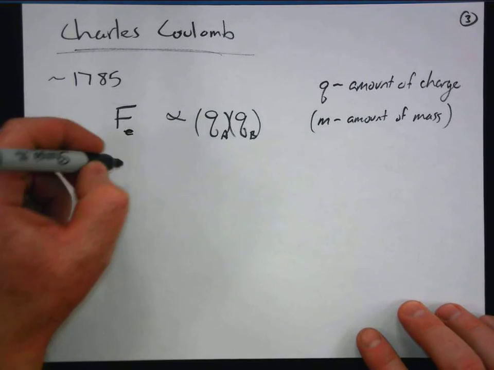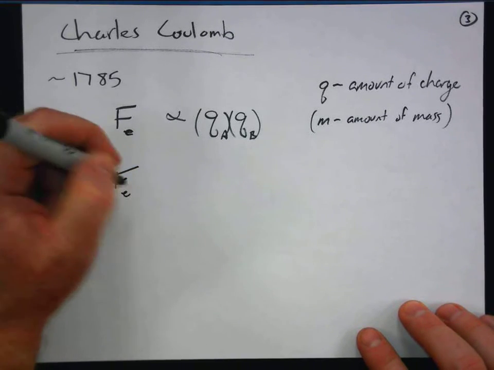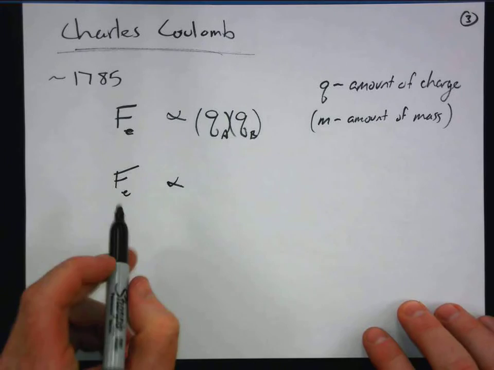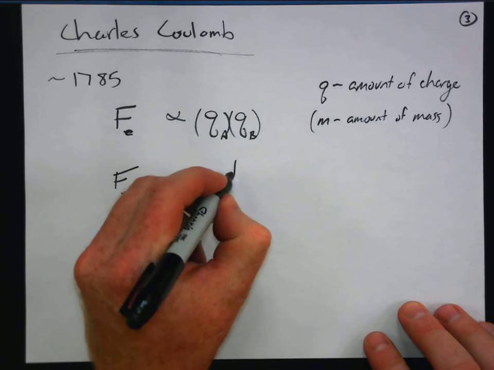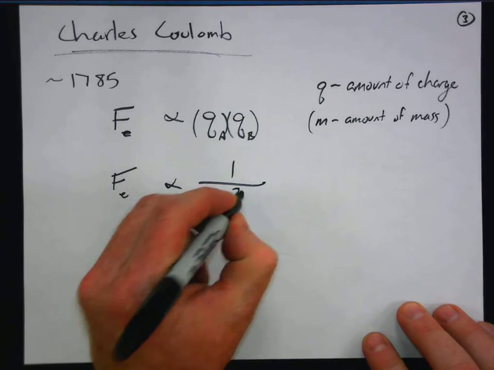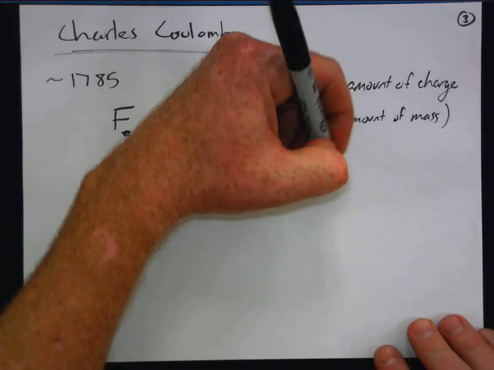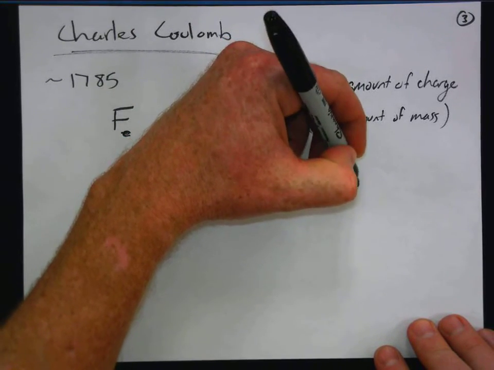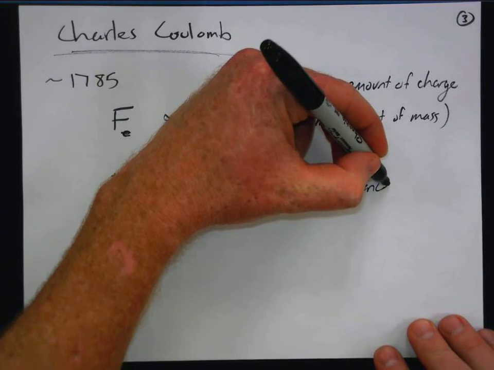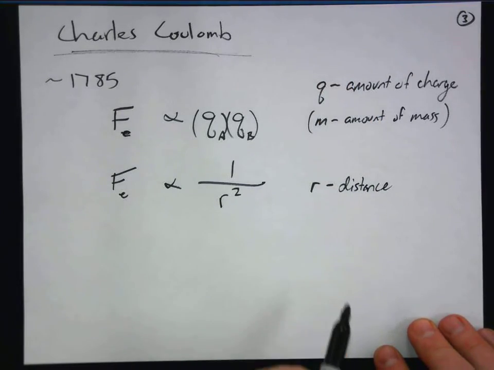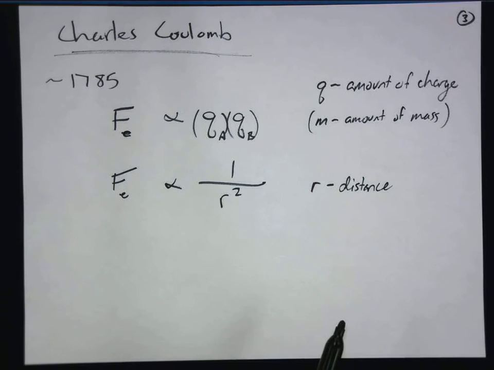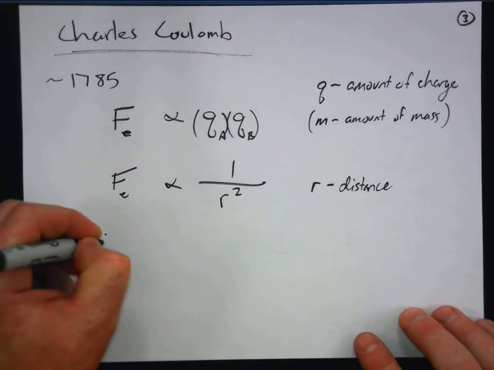Coulomb also figured out the relationship with distance. He said, well, the electric force is proportional to the inverse of the distance between them, where r is the distance between the charges. And so combining these two things, right?